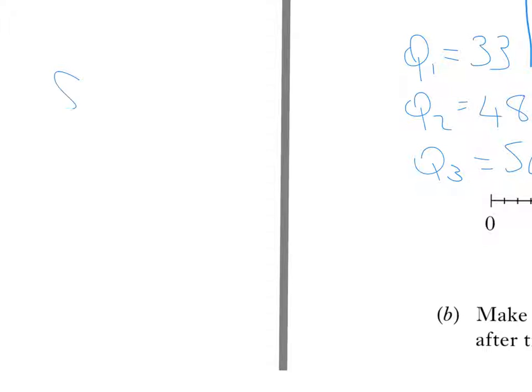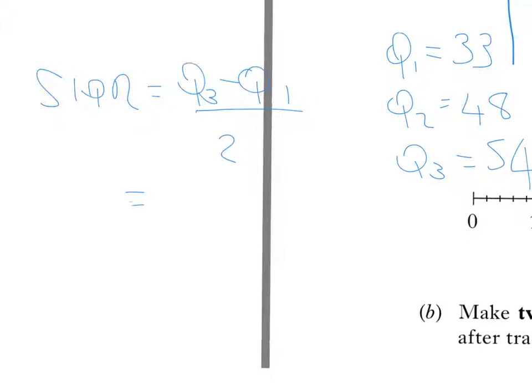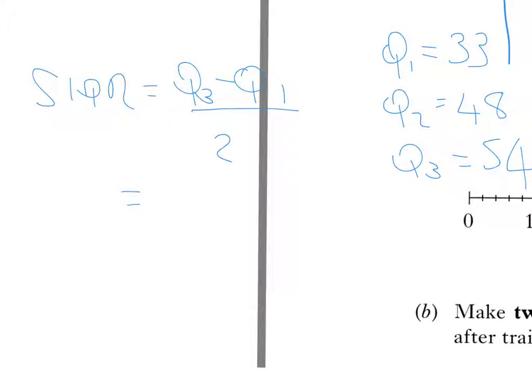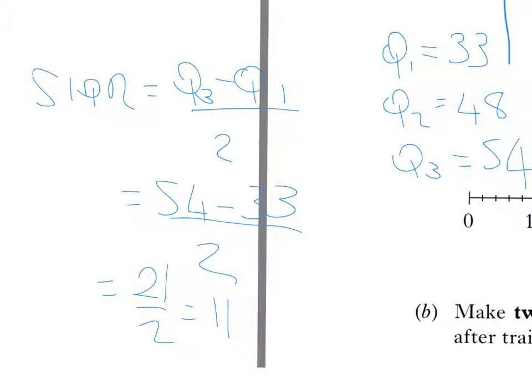So again, the SIQR is equal to Q3 minus Q1 over 2. So this time that's going to be 54 take away 33 over 2. And that's going to be 21 over 2, and that's 11.